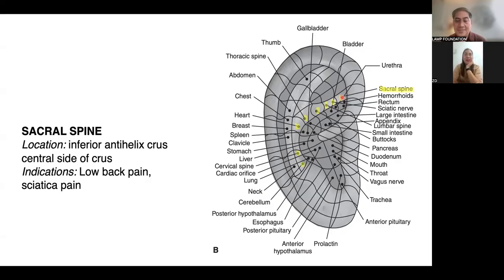Doc, kasi dati, parang nasanay ako na pag nag-assessment, yung dito sa may posterior, peripheral, ano may tawag dito? Dito sa may antihelix part. Parang dyan ako kasi doon ako nasanay, Doc, from Albert. Yung dito sa may neck, dito sa may pinaka-tail.